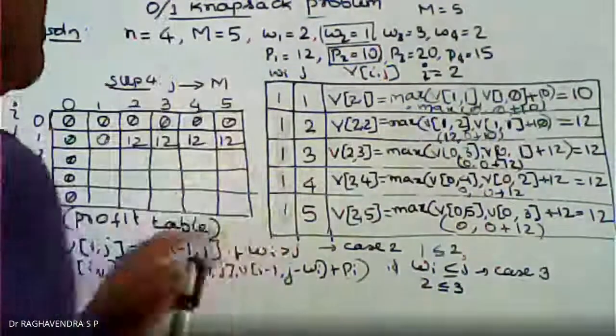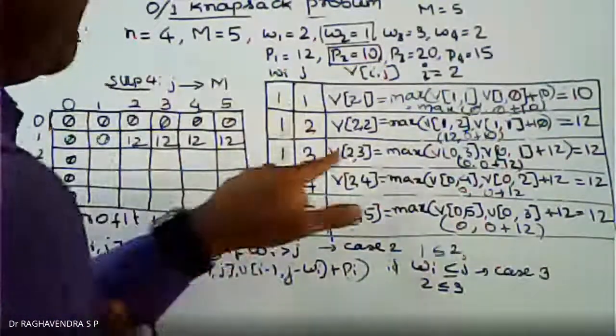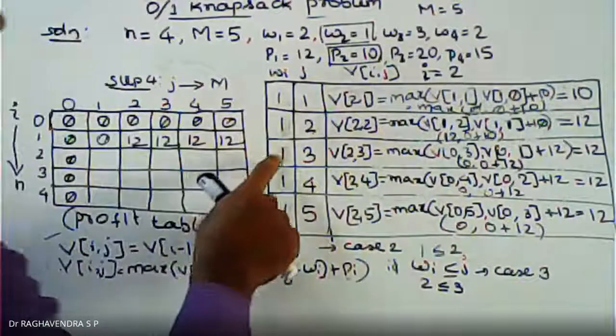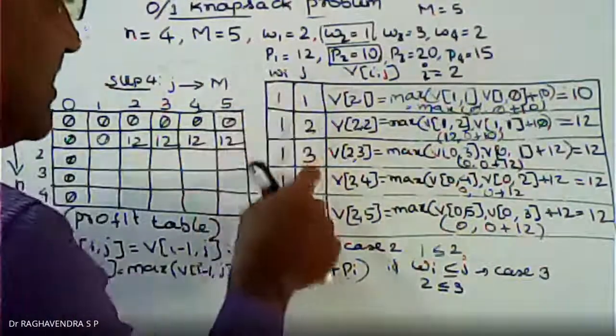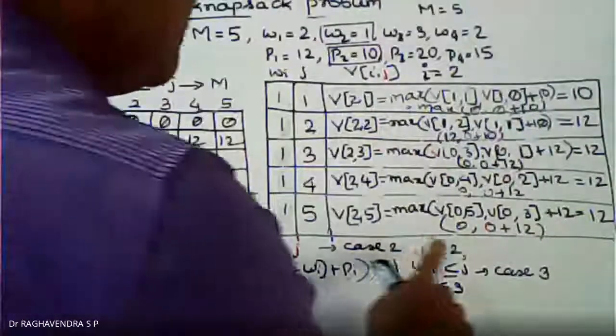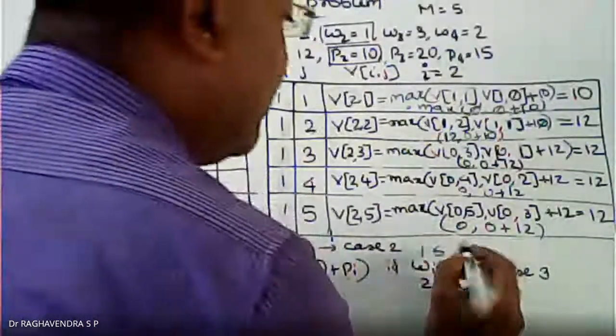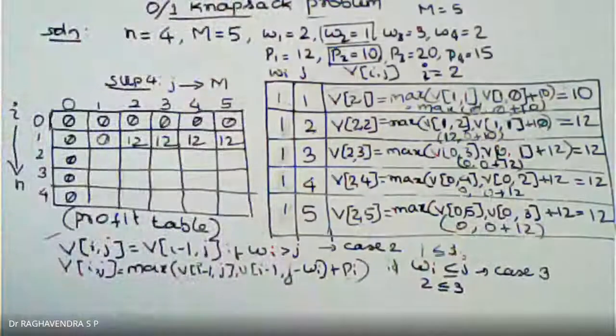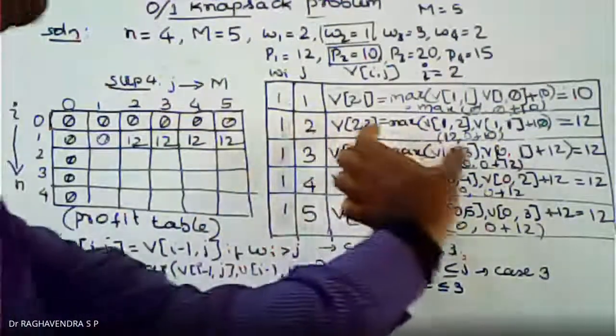Next, we shall go to the third one, V of 2 comma 3. Once again, Wi is 1, J is 3. Which category does it fit? Case 3, because 1 is less than or equal to 3. So once again, this formula has to be placed here.